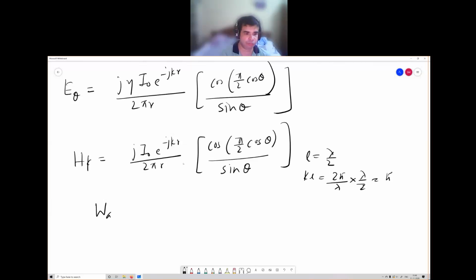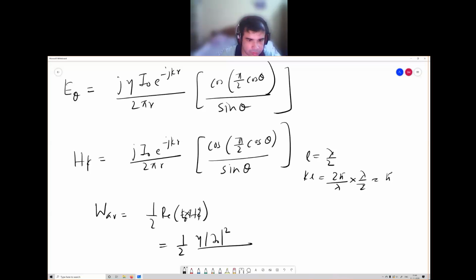What will be W? That will be half real part of E theta H psi conjugate, that is half eta I0 square by 8 pi square r square, cos of pi by 2 cos theta by sin theta whole square.